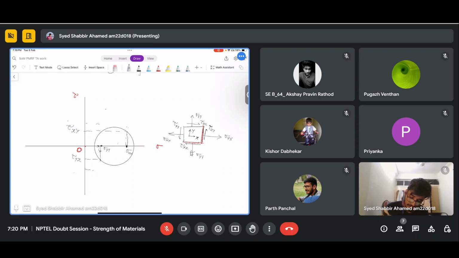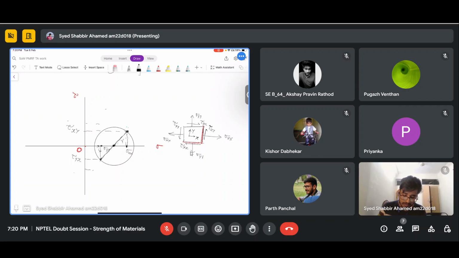Joining these 2 points, this point and this point, this is the center of the circle. So from this center, taking this as radius, from here to here, you have to draw a circle. So this is the Mohr circle, and every point on the circle will give a plane.